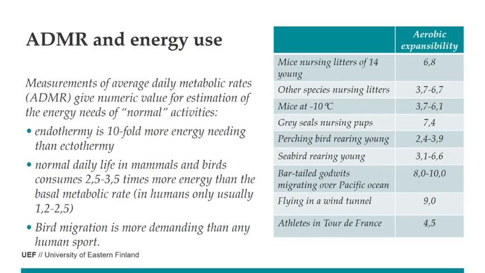Whereas in athletics, in the Tour de France, which is the most demanding in this aerobic ATP production, we have seen that some humans can increase 4 times or maybe 5 times. So human sport is much easier than bird migration.